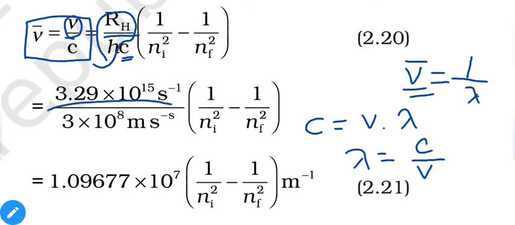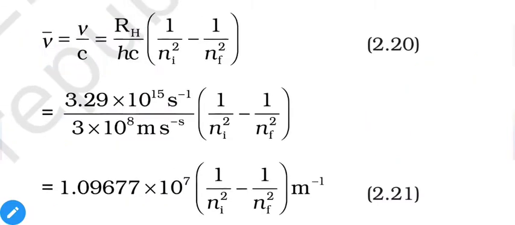That means we got this value in the previous step, 3.29 into 10 raised to 15, divided by the speed of light, 3 into 10 raised to 8 meters per second. So you will get 1.09677 into 10 raised to 7. So from this equation you can find the wave number.